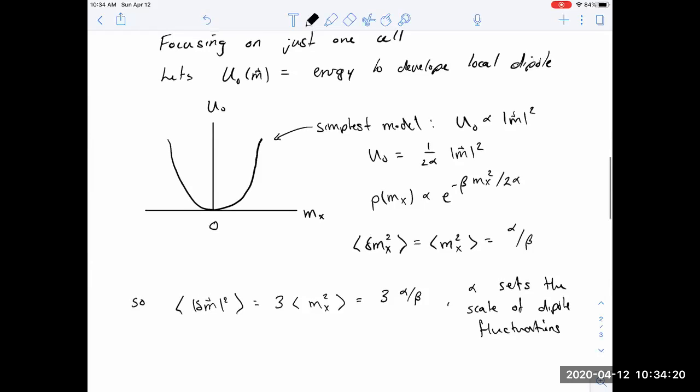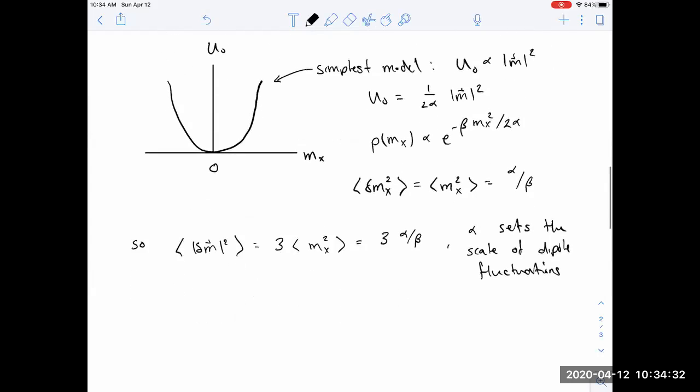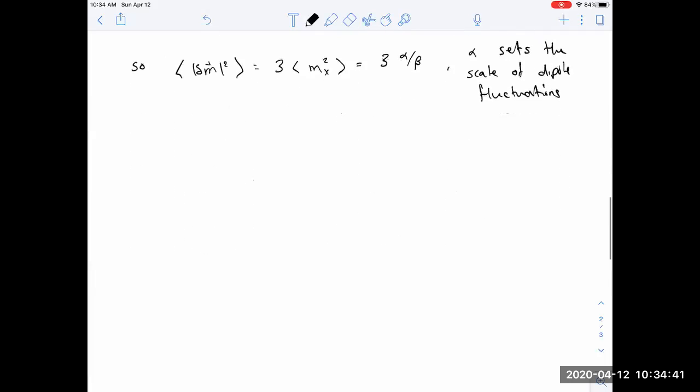Now, we can already gain a lot of insight as to what's going to happen to this solvent when an ion is present by thinking through just what happens with this one individual cell. So we can ask what happens, for example, when this cell feels an electric field from the surroundings. Let's call that electric field C, as we had before.